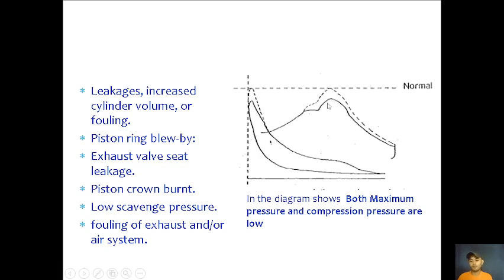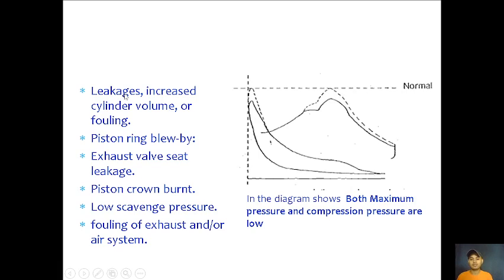But if you compare the maximum pressure here and the normal, it's about the same, but because of the lower compression, the Pmax goes down. It looks like the Pmax is normal in curve. So what's the problem?